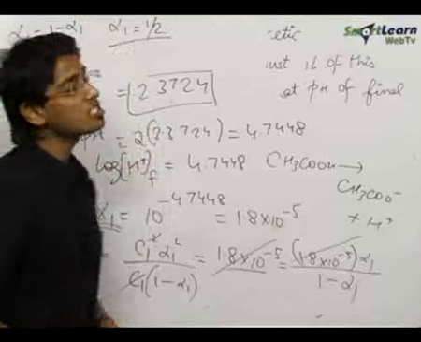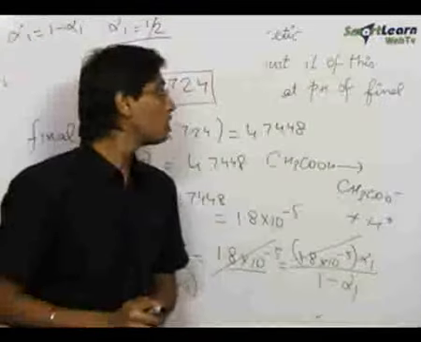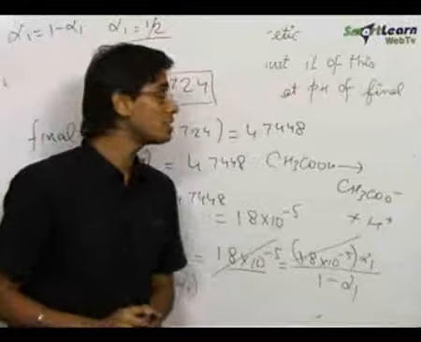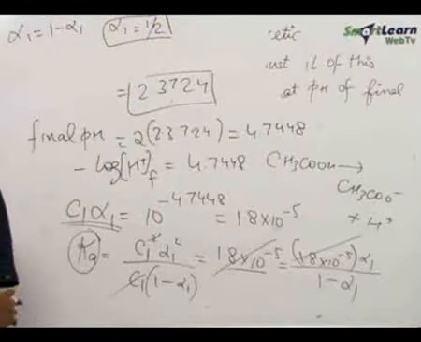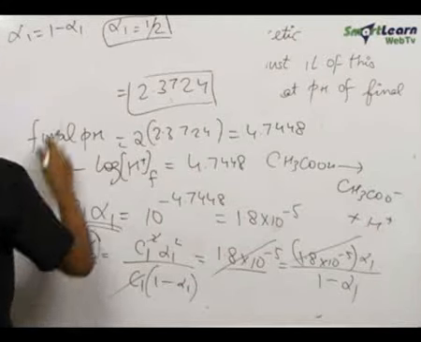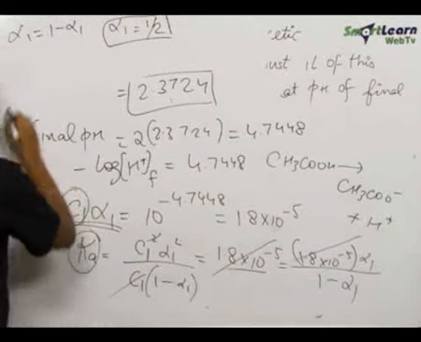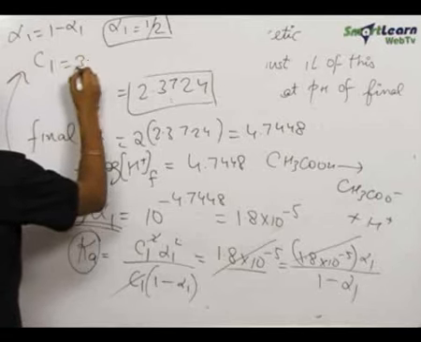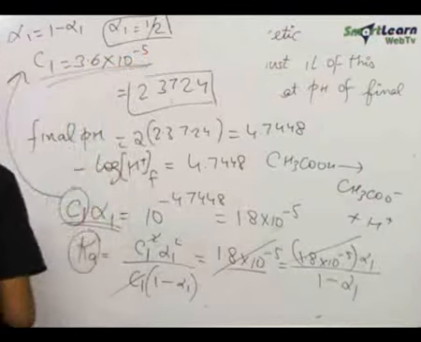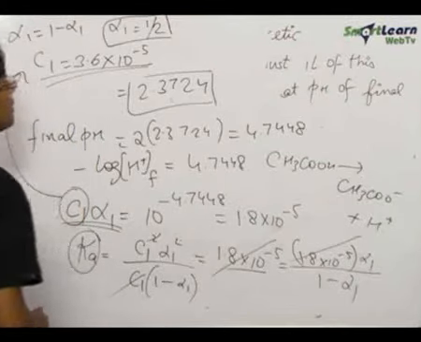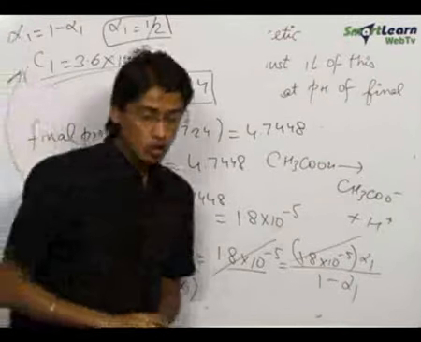So when the solution is diluted so that the final pH is twice the original pH, we get the degree of dissociation of acetic acid at that time to be equal to half, which gives C1 to be equal to 3.6 × 10^-5. We need to find the final volume.